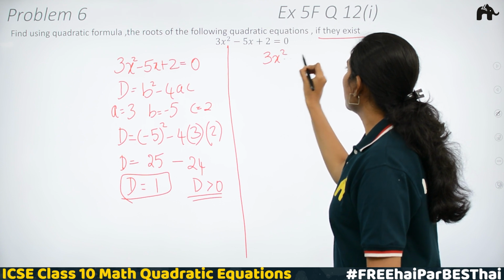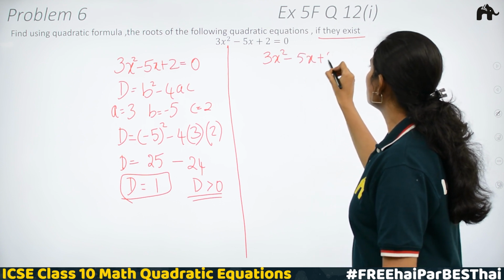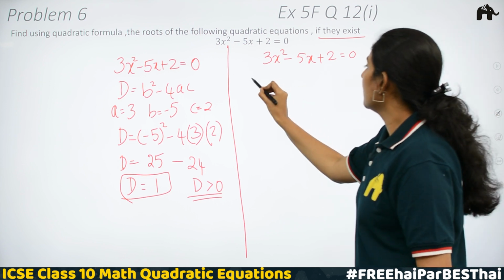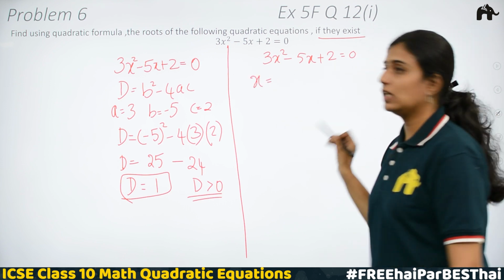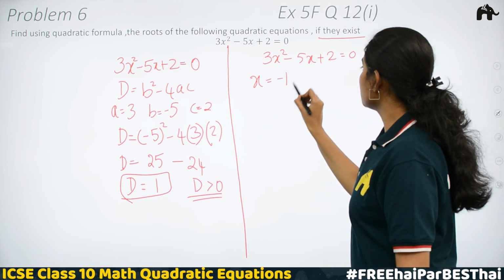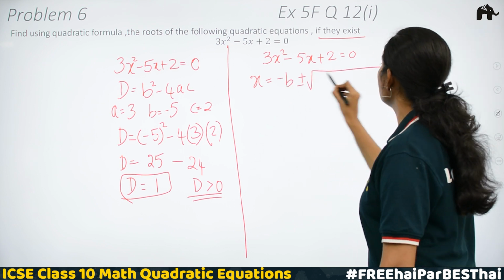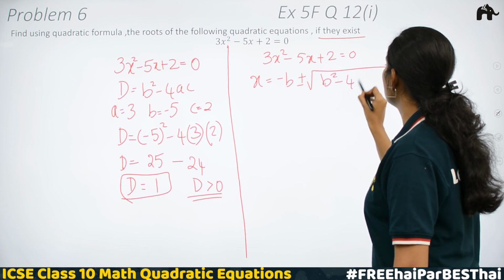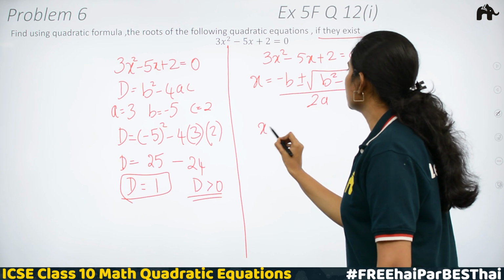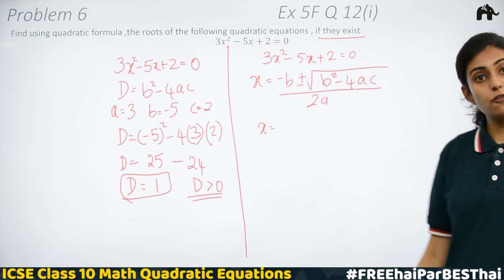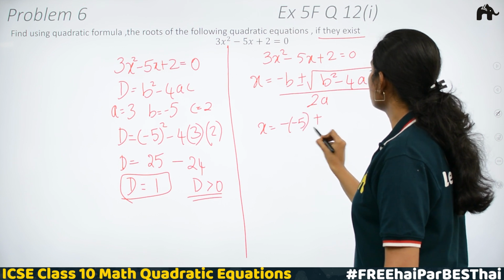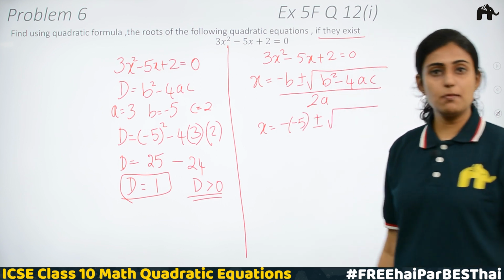3x² − 5x + 2 = 0. Using the quadratic formula, x is equal to −b plus or minus the root of b² − 4ac, divided by 2a. x is equal to minus of minus 5, plus or minus the root of b² − 4ac.